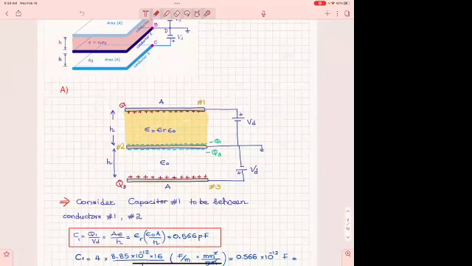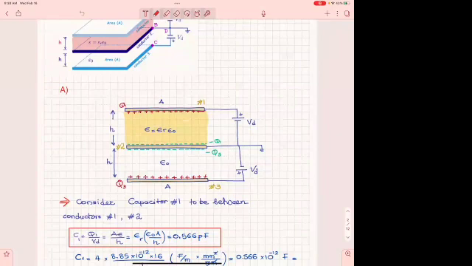So it is interesting that the center conductor has a lot of negative charges. Why is that possible? Only because of this connection, because it's connected to the ground.